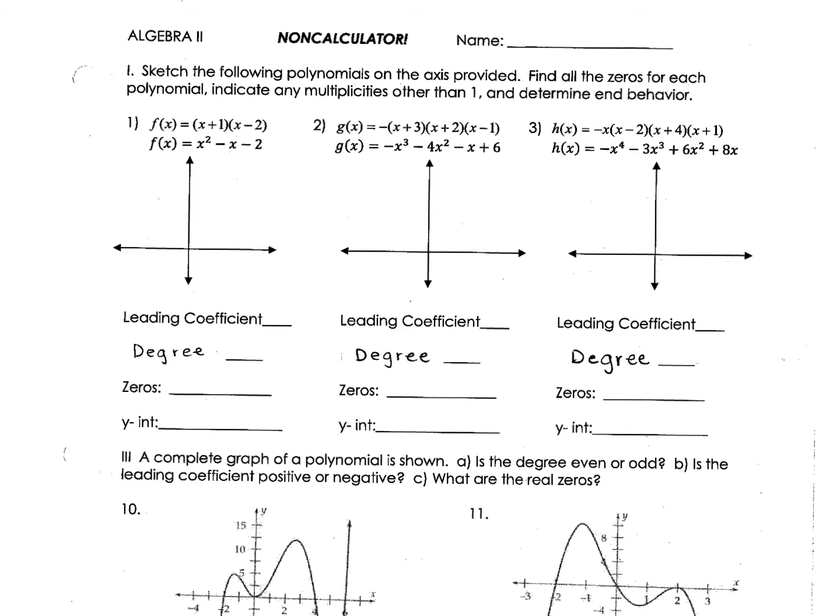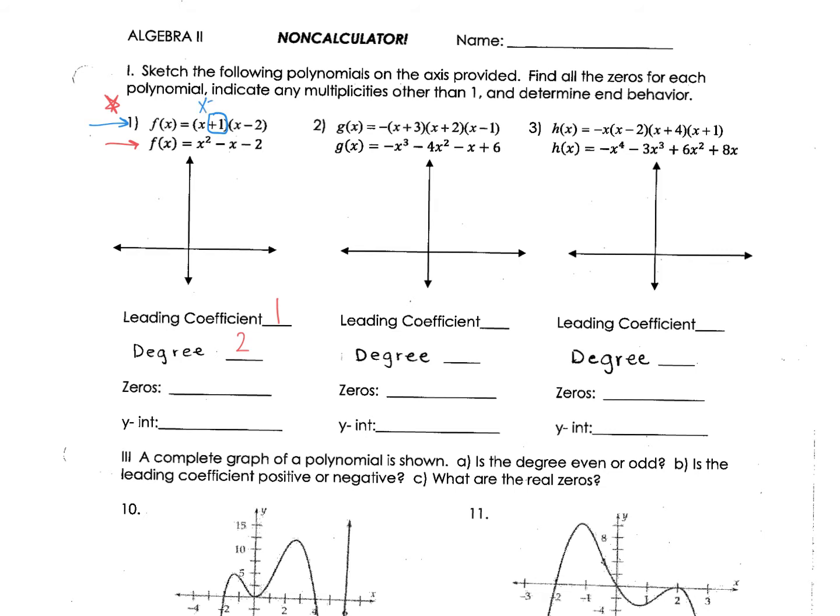Okay, so looking at this first example, my leading coefficient, I'm looking here. I'm looking at my second row. My leading coefficient, I notice, is 1, and the biggest degree I see is 2. Okay? Now, to find my zeros, I'm going to look at the line with the parentheses. Okay? So, I have x plus 1, which I know I just need to take the opposite number to get my answer.